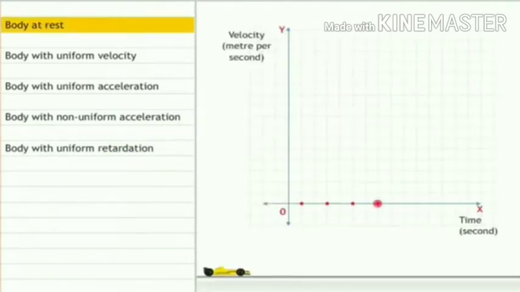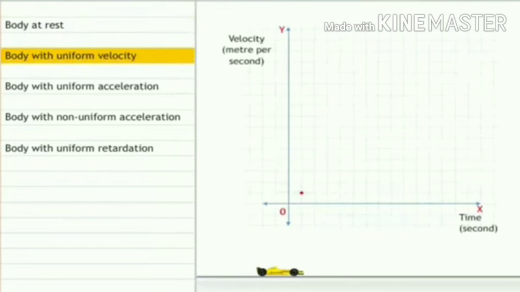Thus, here we have seen that if we plot the graph of velocity versus time, and if it is 0, lying along the x-axis, then we can say that the body is at rest.